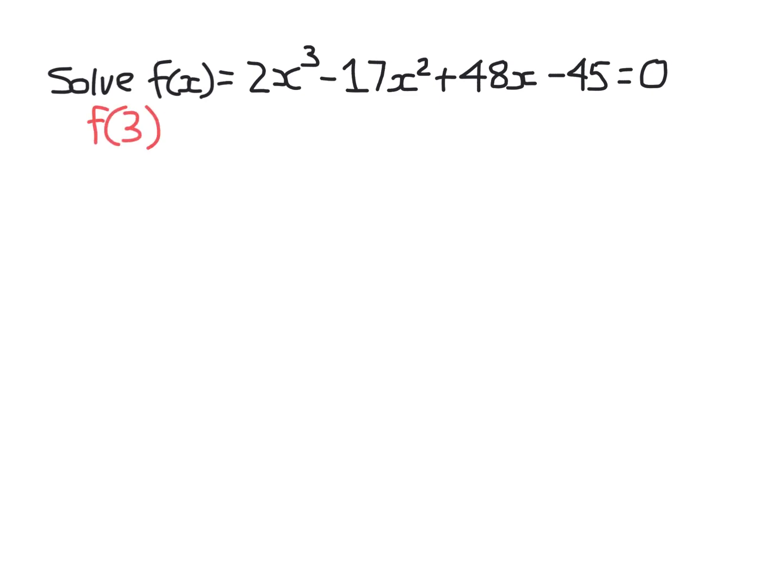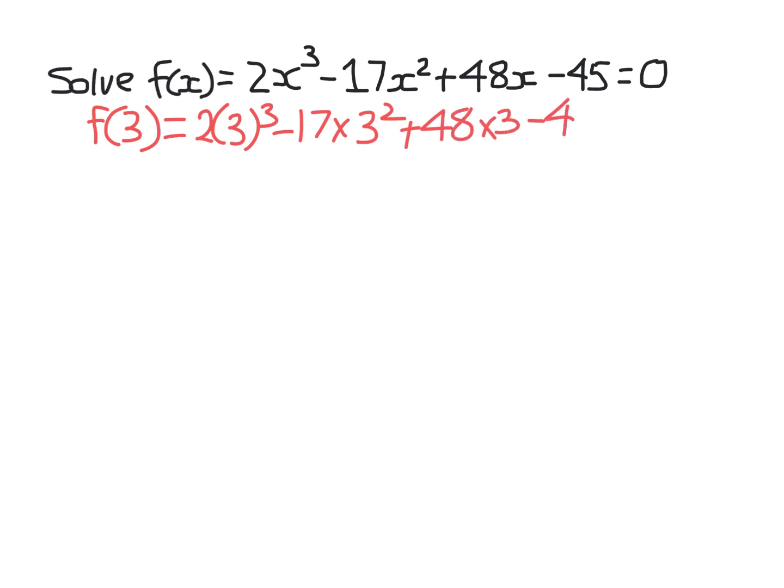So f of 3, that means I substitute x for 3 here. That gives me 2 times x cubed minus 17 times x squared plus 48 times x minus 45. I chose 3 because it's a factor of 45.